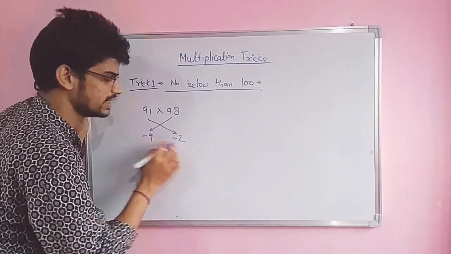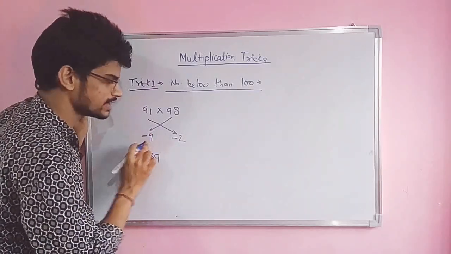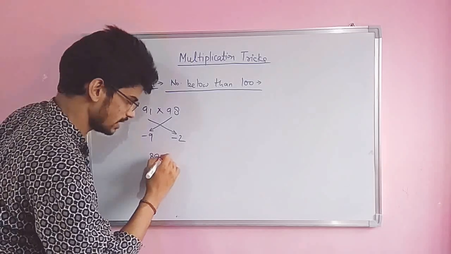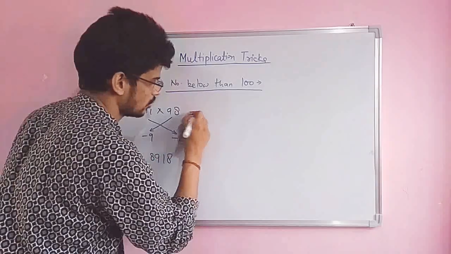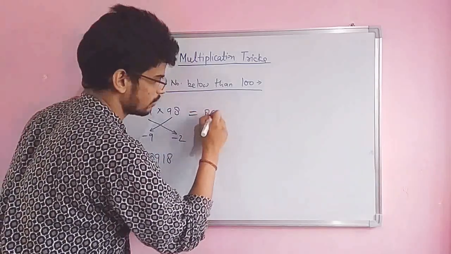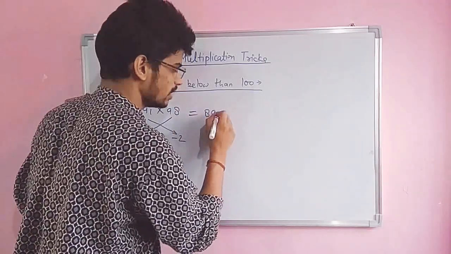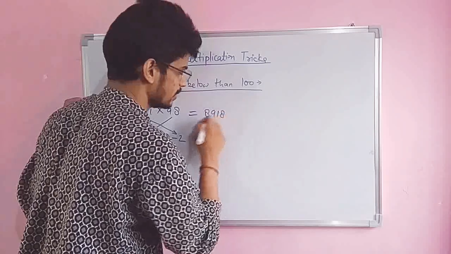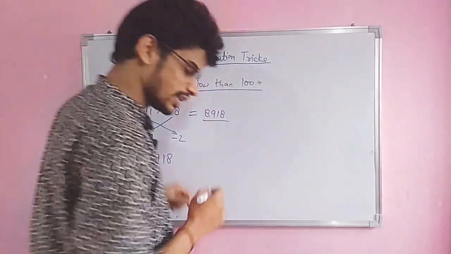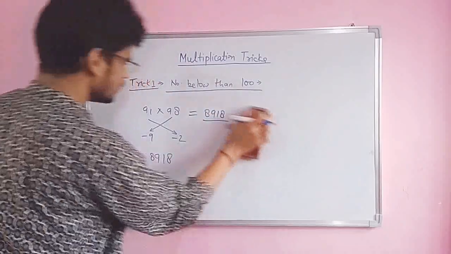Now multiply the digits. Minus 9 multiplied by minus 2 is positive 18. So we get the multiplication of 91 multiplied by 98 as 8918.